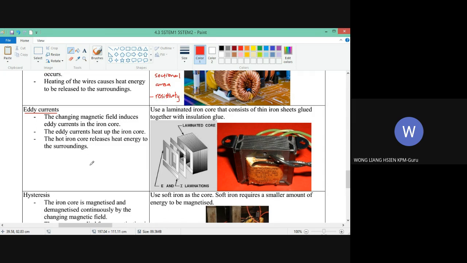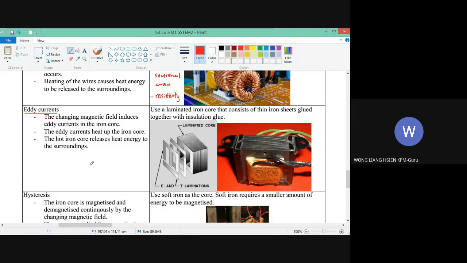That is how the EMF in the secondary coil is produced: by exposing the secondary coil to changing magnetic flux, EMF can be induced in the secondary coil.